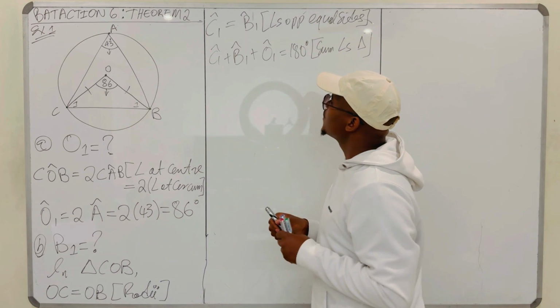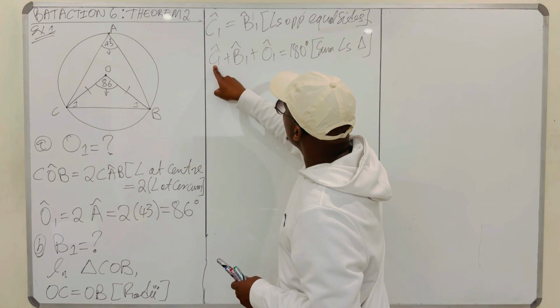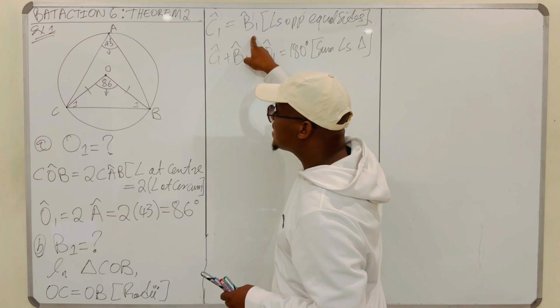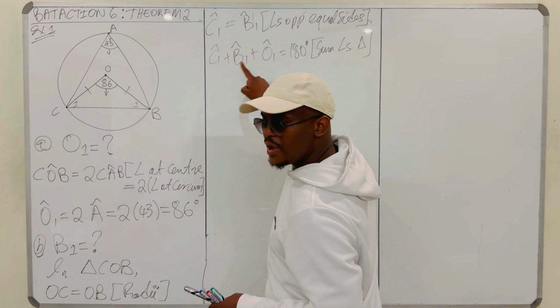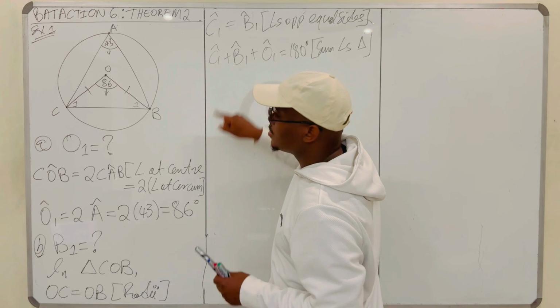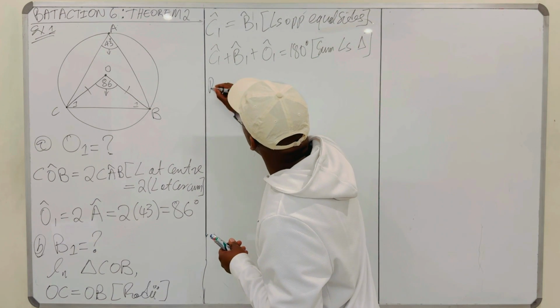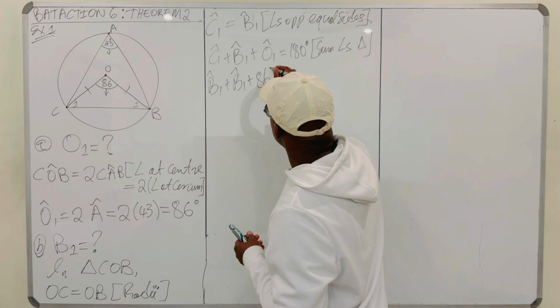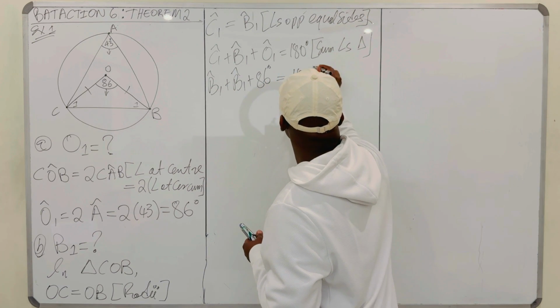Are you with me? Then we go to substituting. C1 and B1, we said they're equal. Instead of having both C1 and B1 as unknowns, we can just have a double unknown, which is B1. So instead of C1, say just B1 plus B1 plus 86 degrees is equal to 180 degrees.